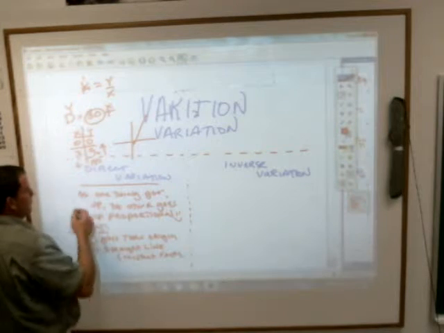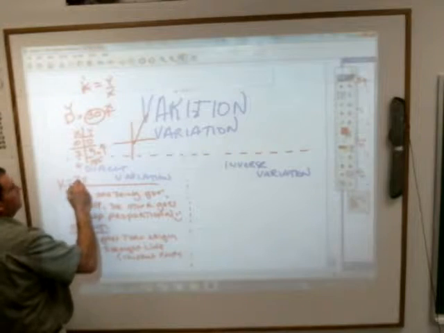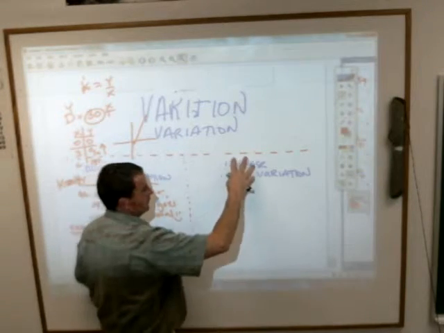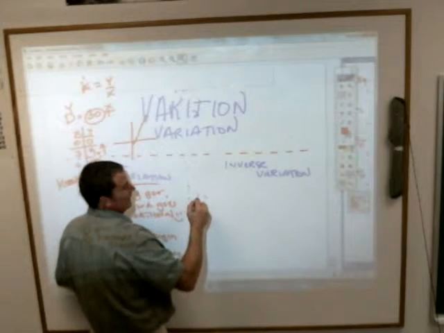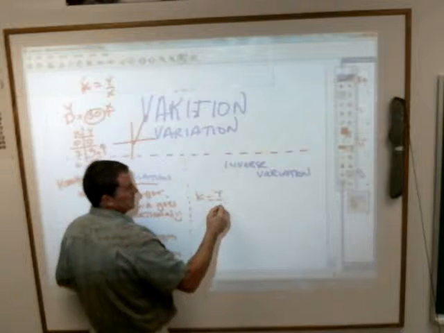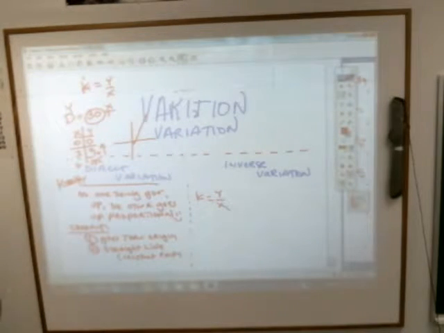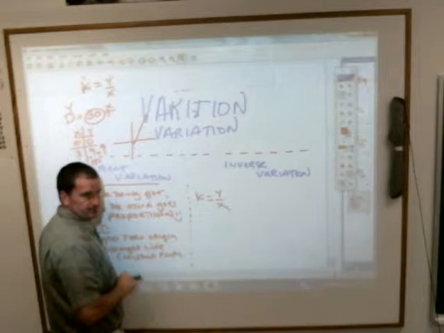K equals y over x. Which, by the way, can you forget that this says this right here for a minute? If k equals y over x, what other equations could you make that are the same as that? Think about that for a second. Nick?